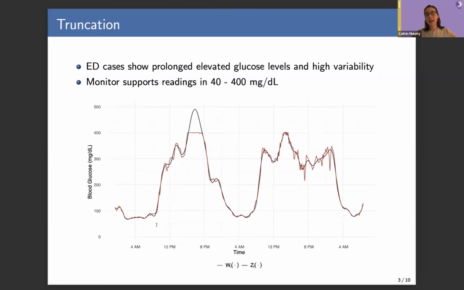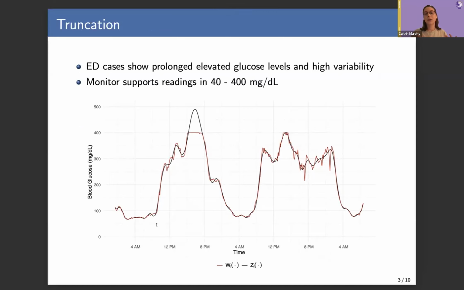However, if someone also has an eating disorder, these trajectories typically show up as much more variable and also have prolonged elevated glucose levels. But we don't always get this information because our monitor only supports glucose values between 40 and 400 milligrams per deciliter.